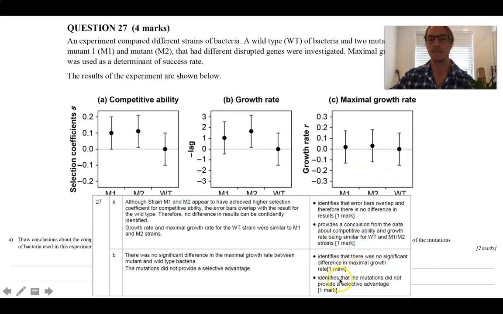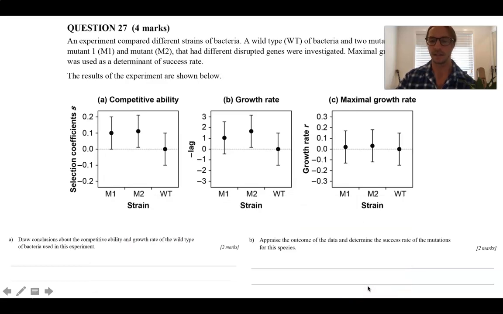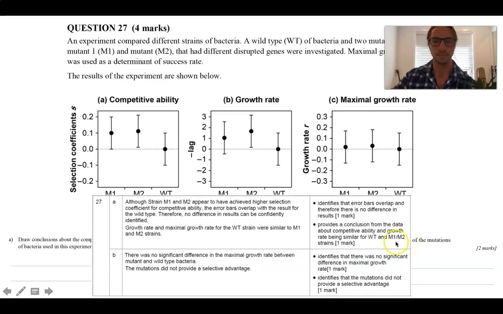You get another mark for identifying that the mutations do not provide a selective advantage. So appraise the outcome of the data and determine the success rate. Does this do that? There was no significant difference in the maximal growth rate between mutant and wild bacteria. The mutations did not provide a selective advantage.